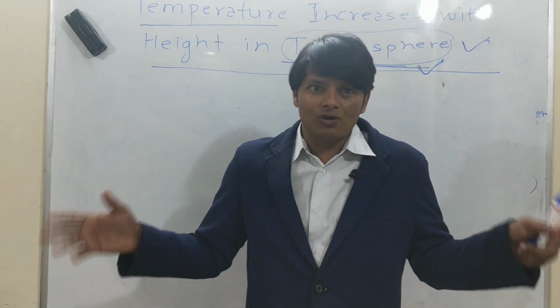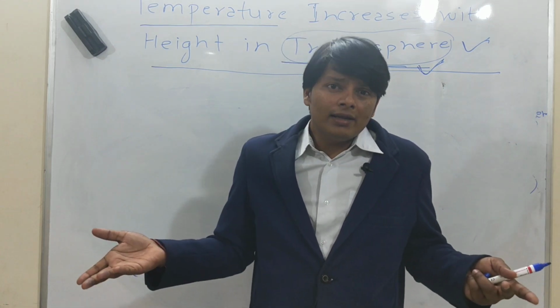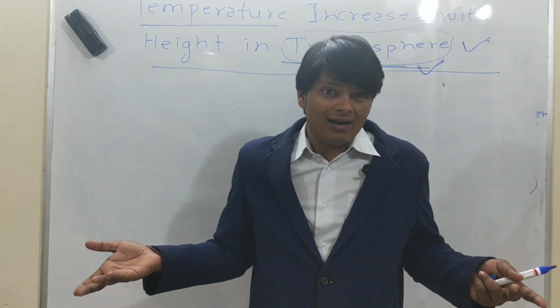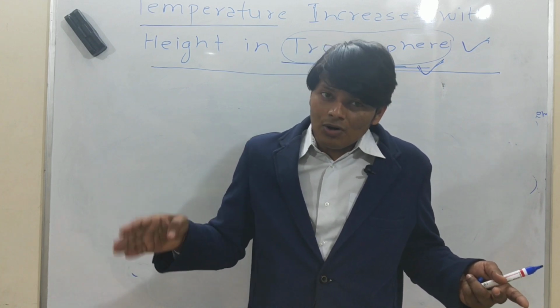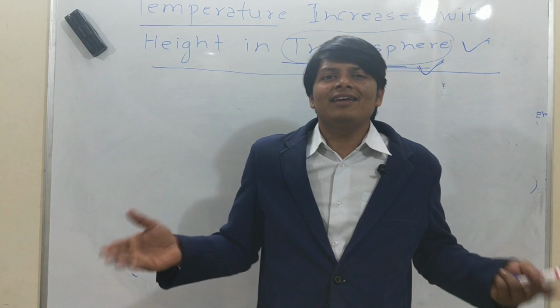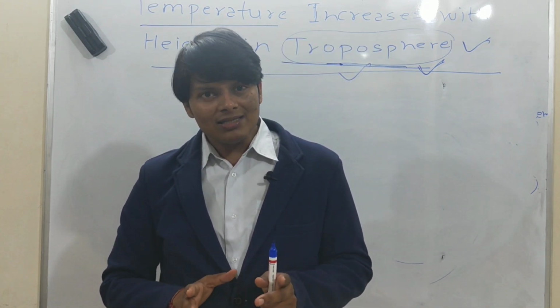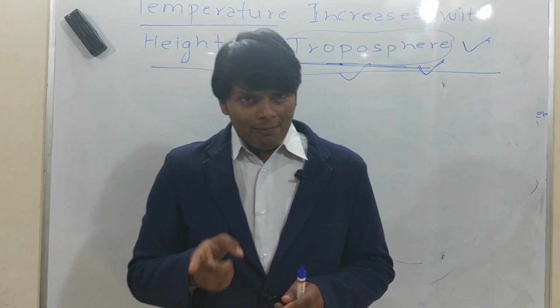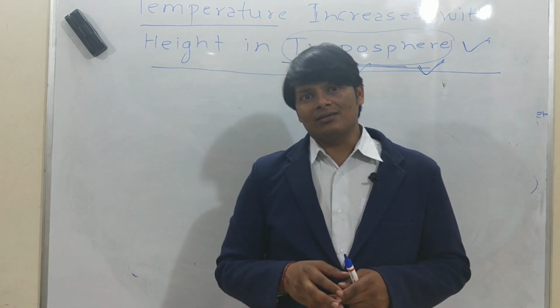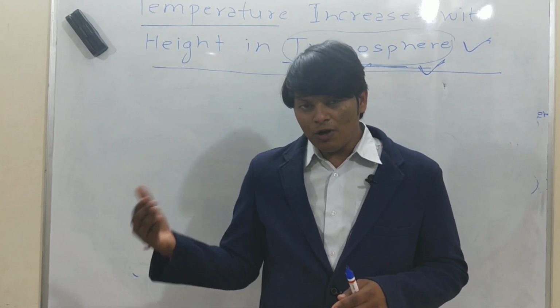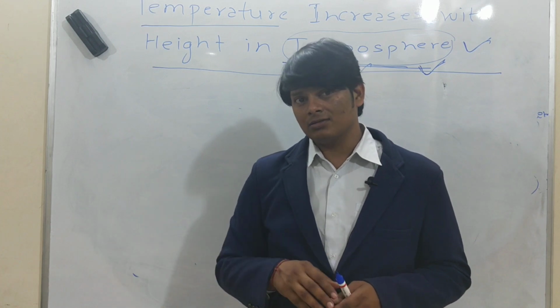If there are no goods, how can the temperature increase or decrease? So if there are no goods, there cannot be an increase or decrease of temperature. Are you getting what I say? It means the temperature belongs to some goods or substance.